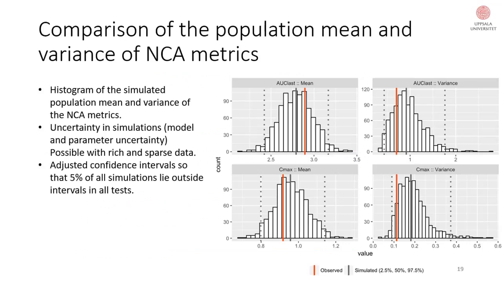Here's a posterior distribution from our model, as well as in red, the observed values in a data set. So you can see that our model is able to describe the data. So it seems to that extent, be descriptive enough to be used in bioequivalence.